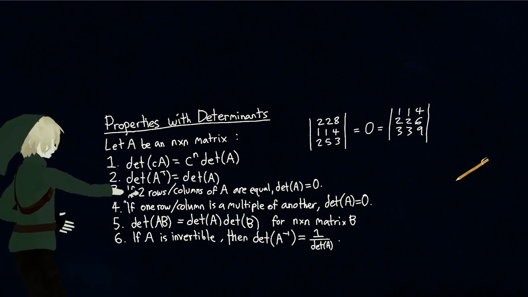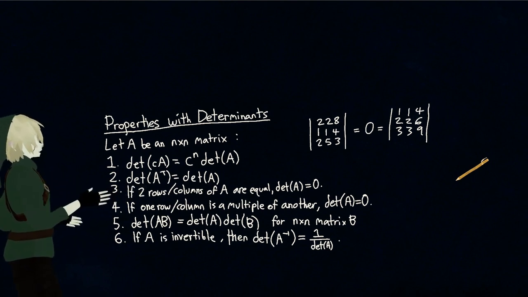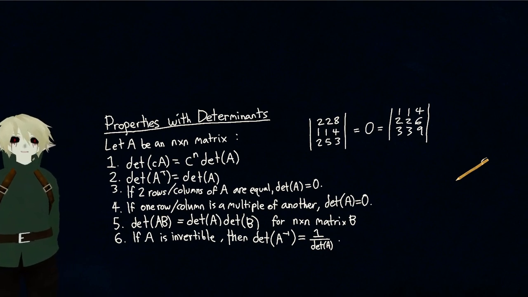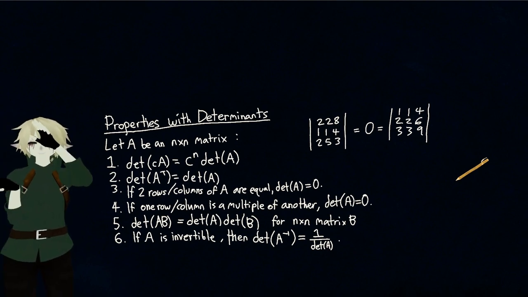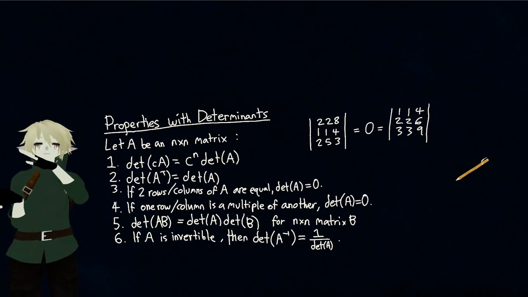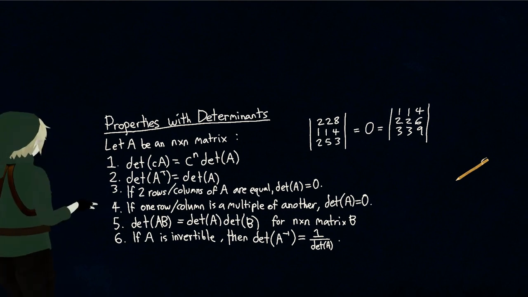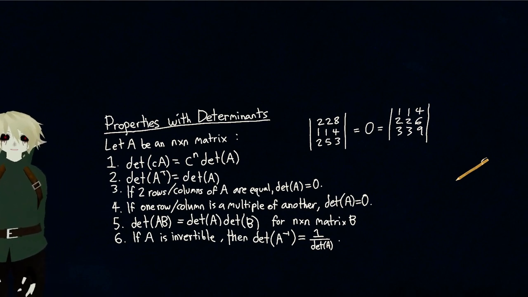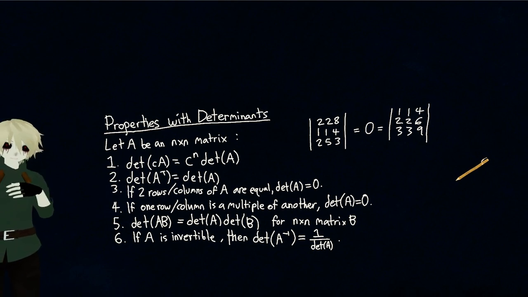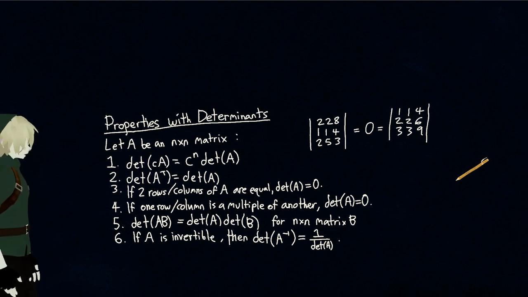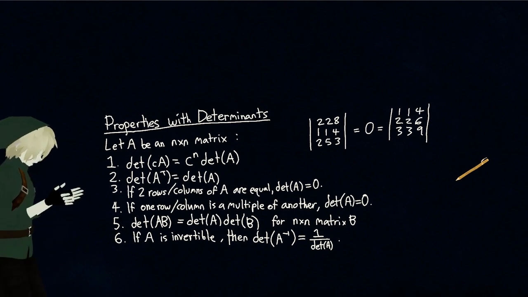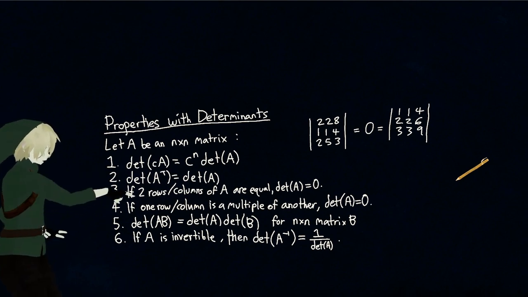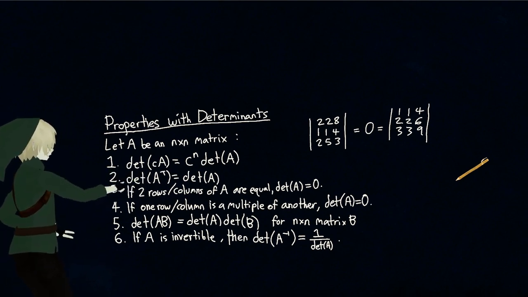All right, if 2 rows or 2 columns of A are equal, the determinant is equal to 0 because, if you remember how our double augmented matrix works, one side has to become an identity matrix. But of course, if 2 rows are the same, then you're going to end up with free variables. Okay, because according to our 3 legal actions, we can subtract our rows. So, because of that, we can have our determinant of A equal to 0. And it works for columns too, because of property 2.